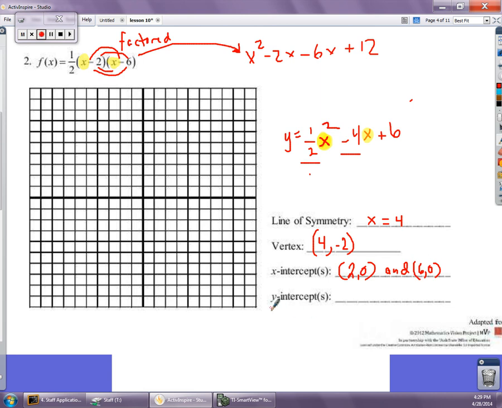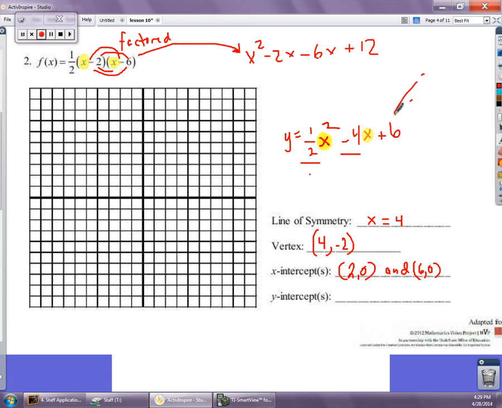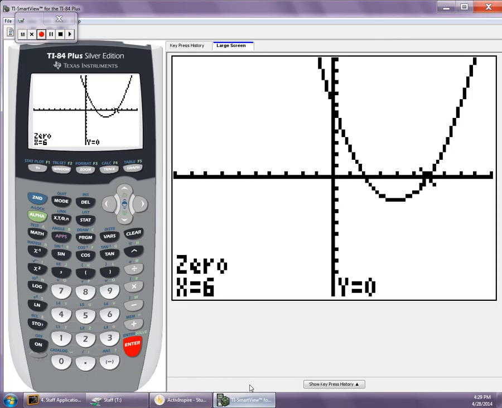Now to find the y-intercept, there's two ways to do it. When it is in standard form, and this right here is factor form, in standard form, your c is actually the y-intercept. So I know it's going to cross the y-axis at 0, comma 6. If you don't trust me, we can go to our calculator.